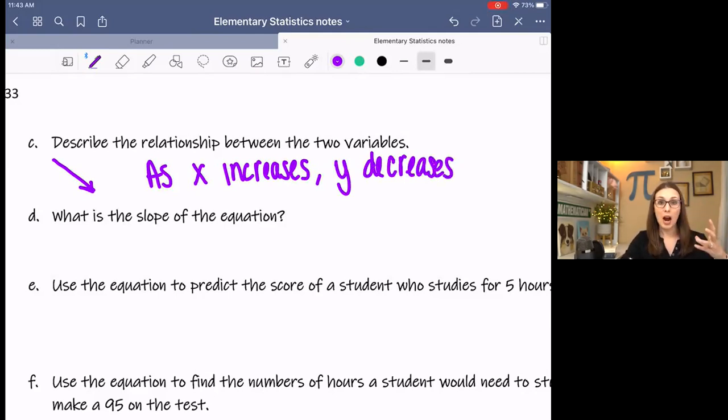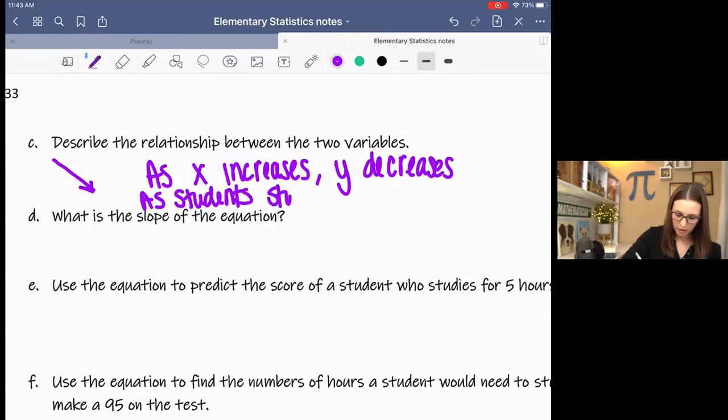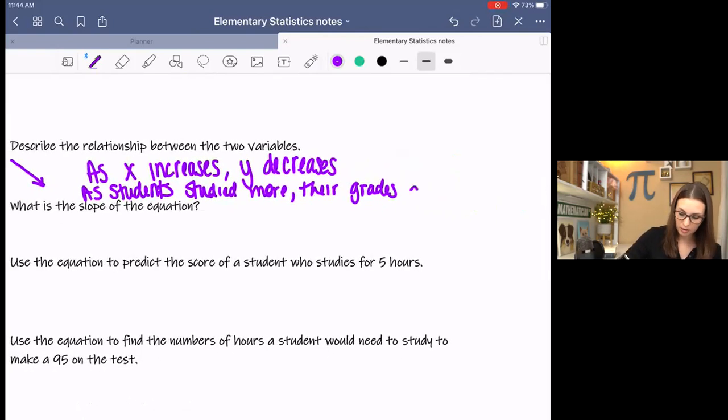X represents hours. So as students studied more, their grades decreased, which is a little bit surprising if you think about it.